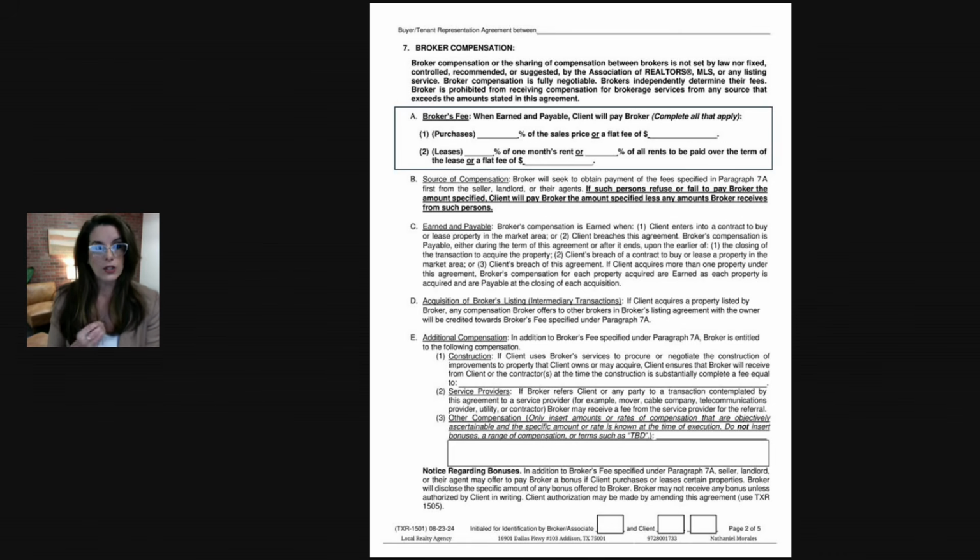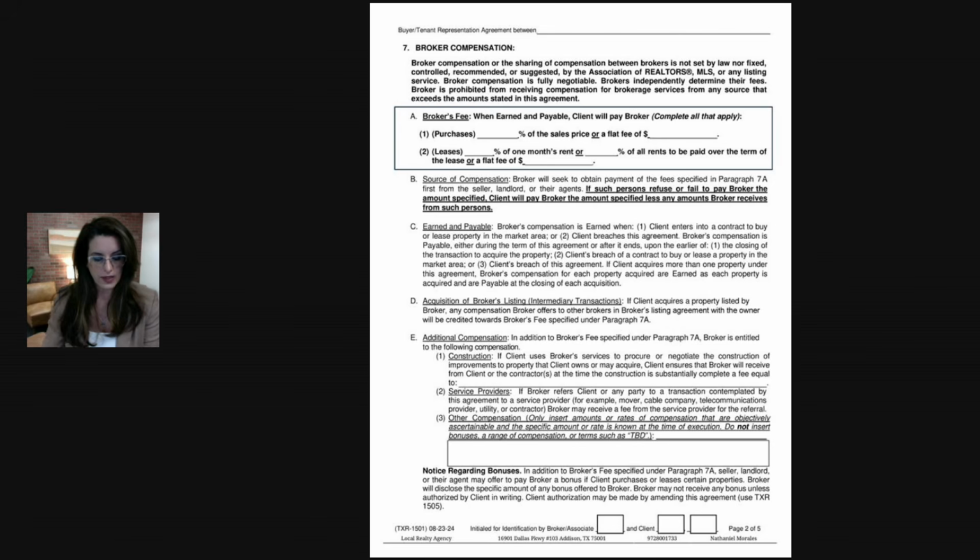And Mr. Buyer, if we find a property that is less or more, then you and I will have a conversation. I will disclose that to you. Remember, friends, everything's disclosure, communications, and negotiations. That's the key. I will disclose that to you, and then we will negotiate and amend the buyer's rep agreement. You're going to ask me about bonuses. That's coming later. Don't worry.